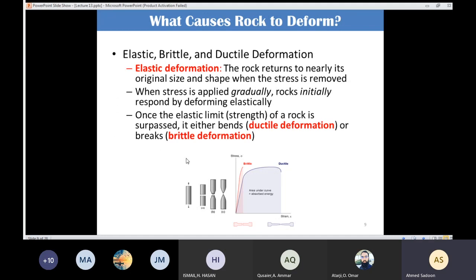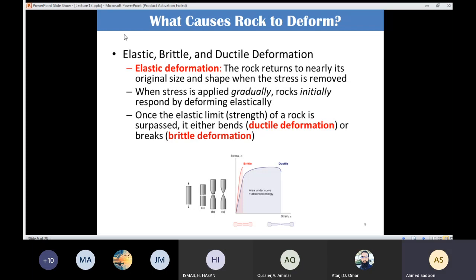I know that those who took the strength of materials course are familiar with the concept, but here we are going to explain it again so that we can understand the behavior of the rock. So we have elastic deformation, brittle deformation, and ductile deformation.